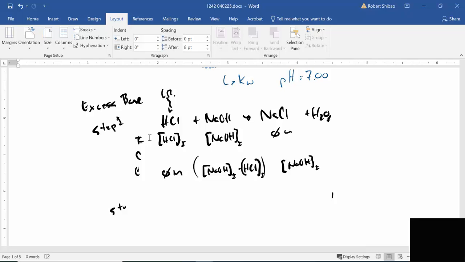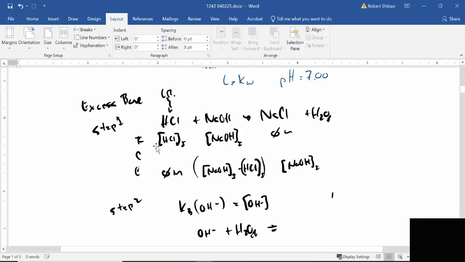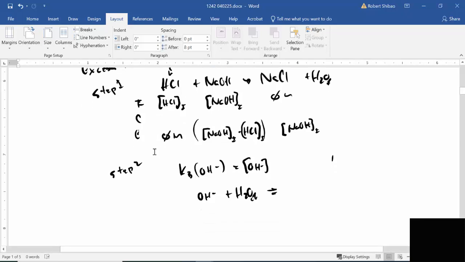And then step 2. Step 2 is Kb of hydroxide, but that is just equal to the hydroxide ion concentration, essentially. Because when hydroxide hydrolyzes water, what forms? The HCl, yeah, you're right, sorry.